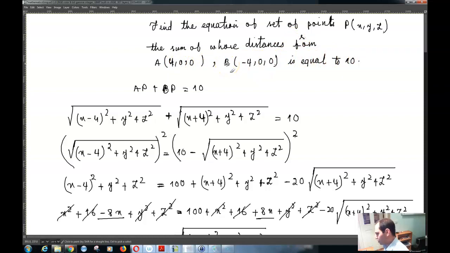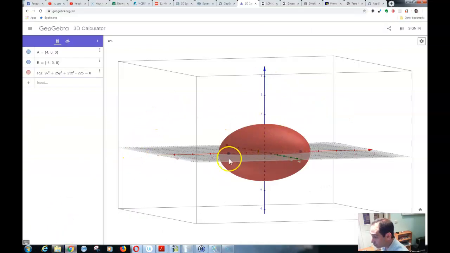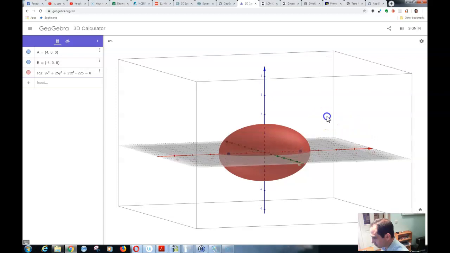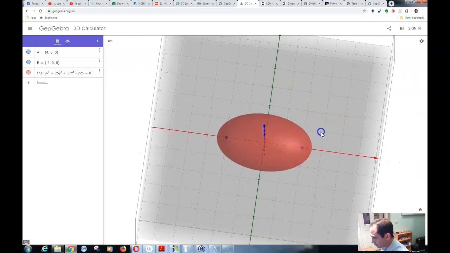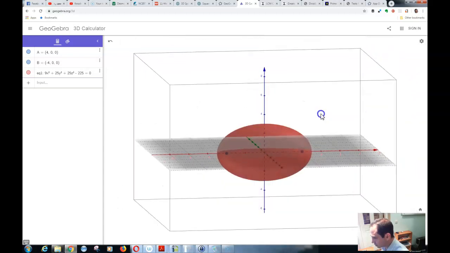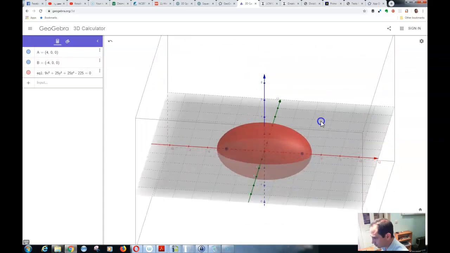And an ellipse is of course a conic section basically in a 2D system. But whatever this thing is called, I really don't know. I'm not really sure. But that is what it is. Very beautiful.